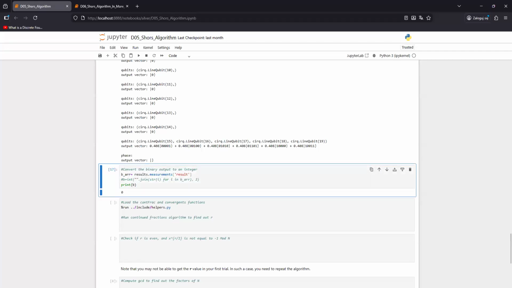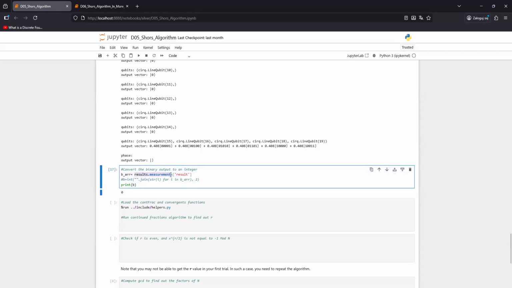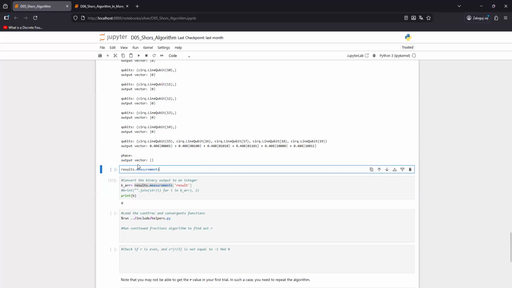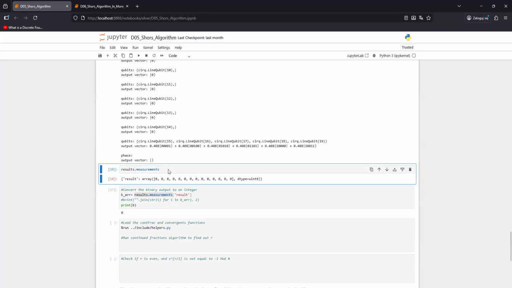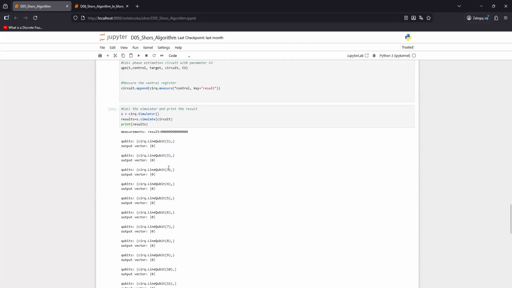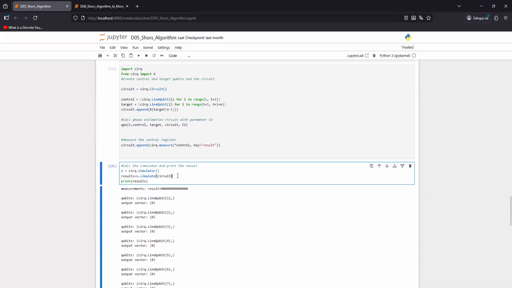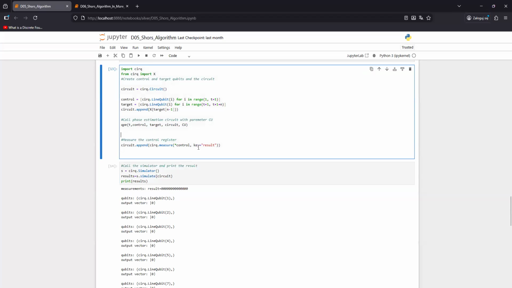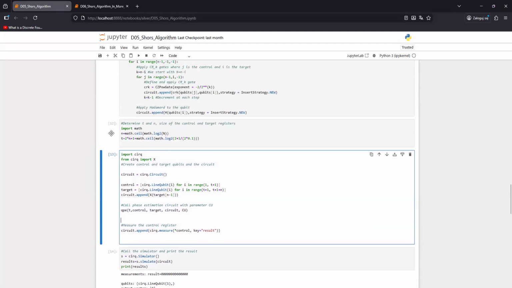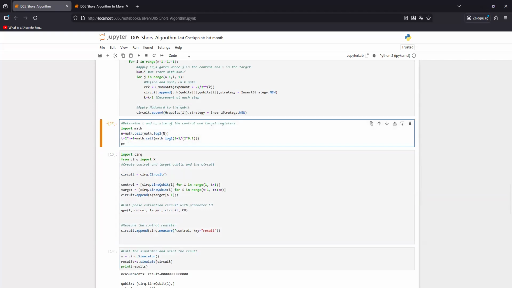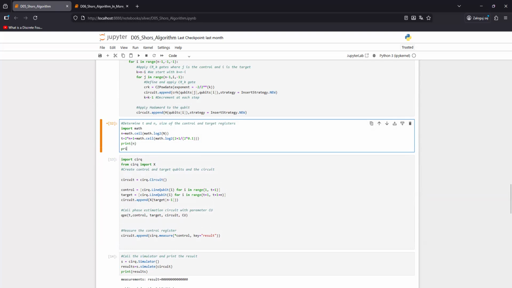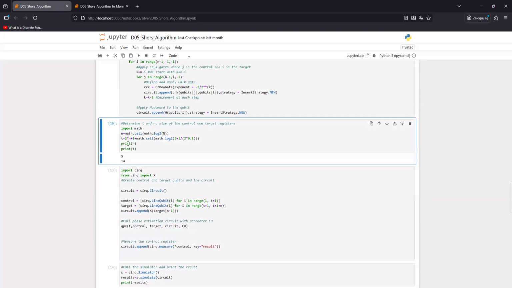Let me see. Okay, measurement. Let me check what's wrong here. Let me check maybe n and t. Print n and print t. 5 and 14.